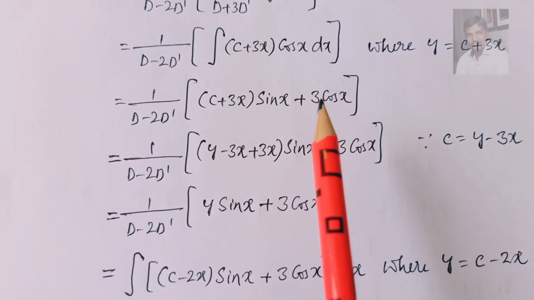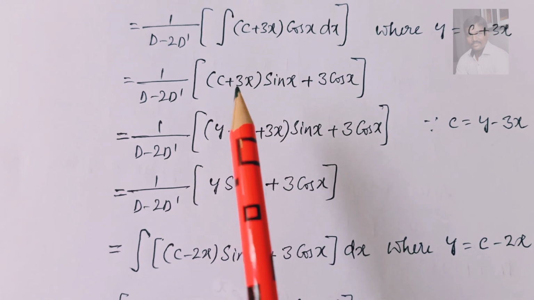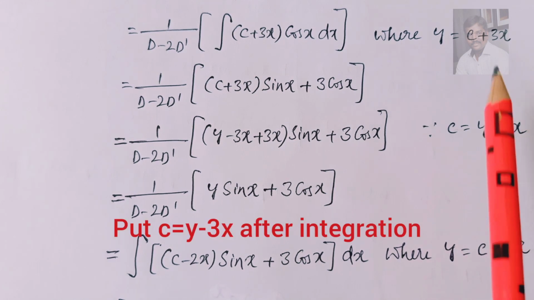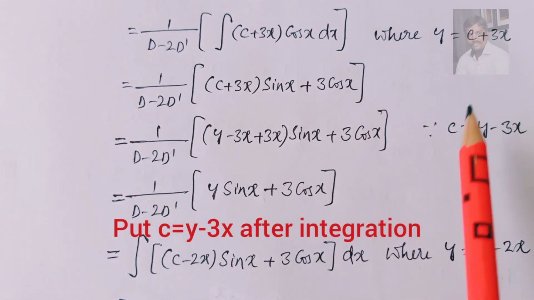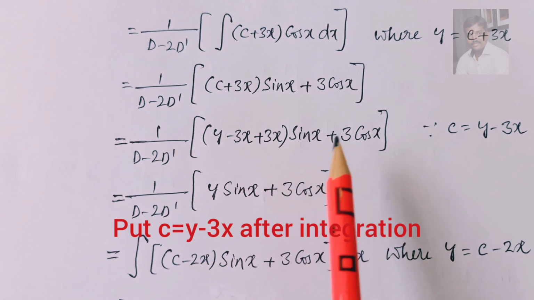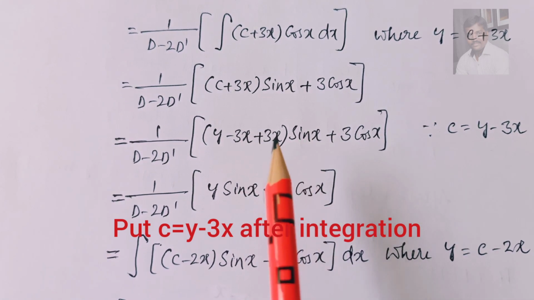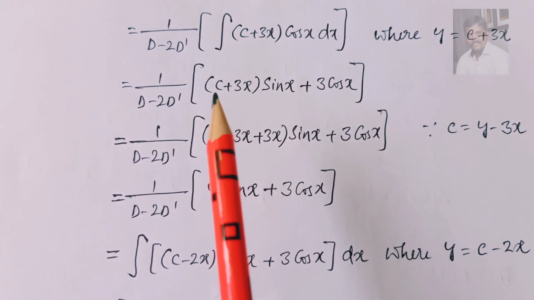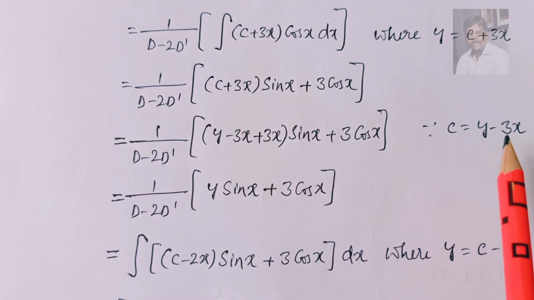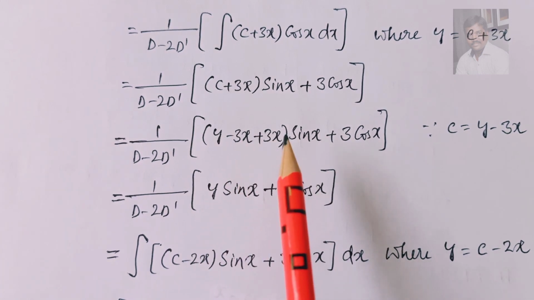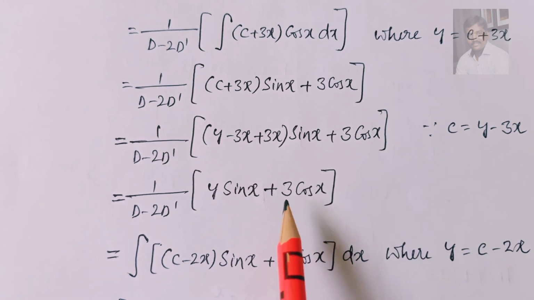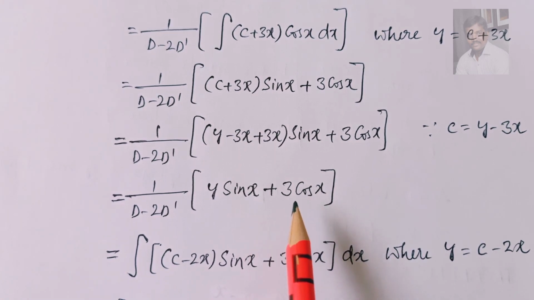After the integration, we have to replace c with y − 3x, since y = c + 3x, so that the result is in terms of x and y. Remember this. The −3x and +3x get cancelled, and we get y sin x + 3 cos x.